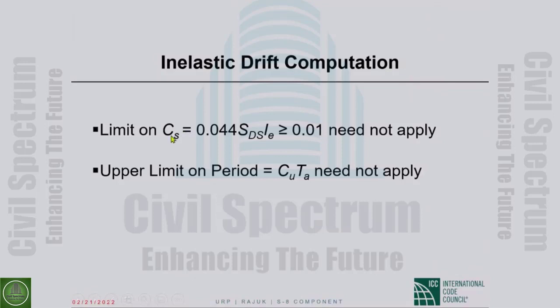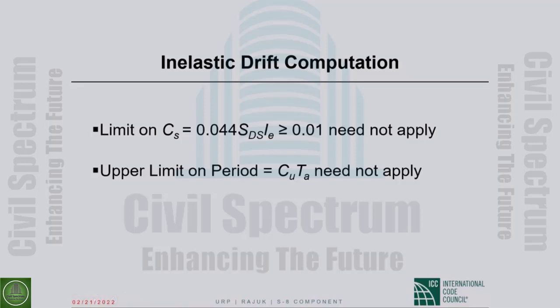Remember, in the design base shear equation, irrespective of seismic design category, the design base shear may not be any less than 0.44 S sub ds times I times W, or the design base shear coefficient cannot be any less than 0.44 S sub ds times I. And under no circumstances can it be below 1%.